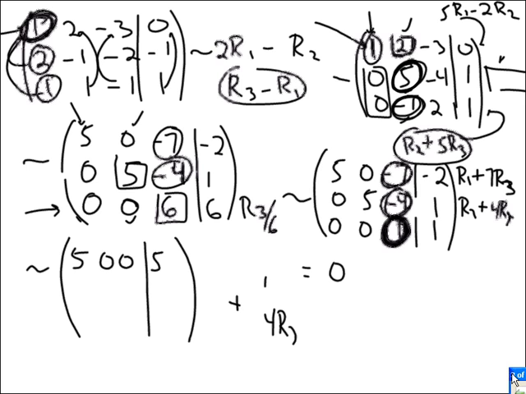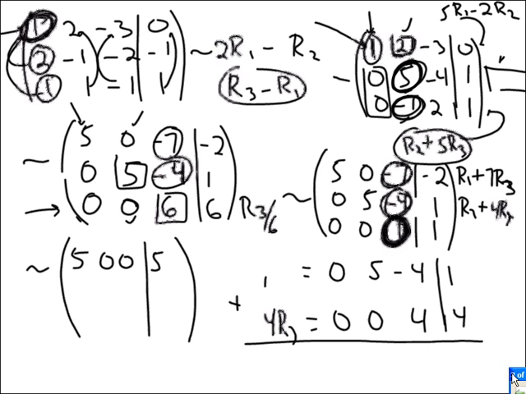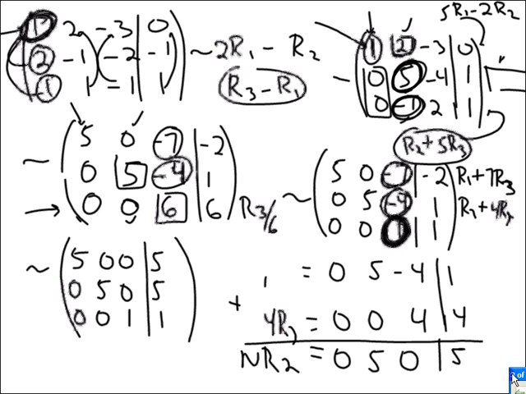Row 2 is 0, 5, negative 4, 1. 4 times row 3 is 0, 0, 4, 4. And when you add these, you get 0, 5, 0, 5. This is new row 2: 0, 5, 0, 5. And the last row isn't changing.